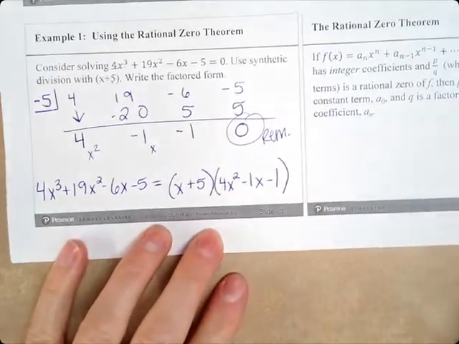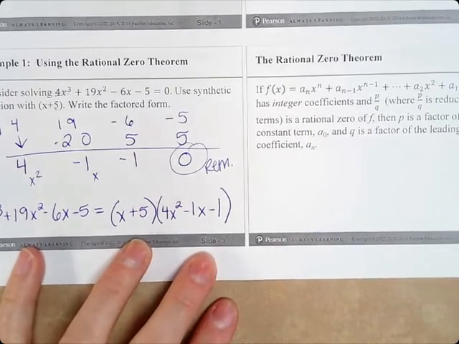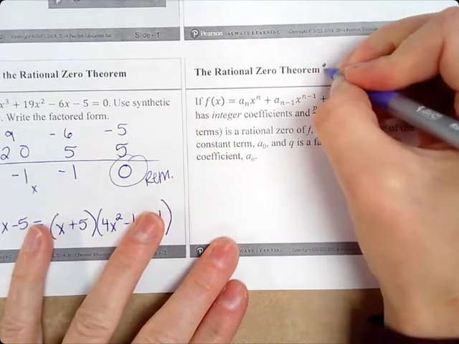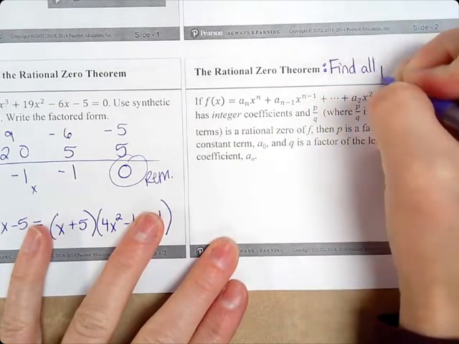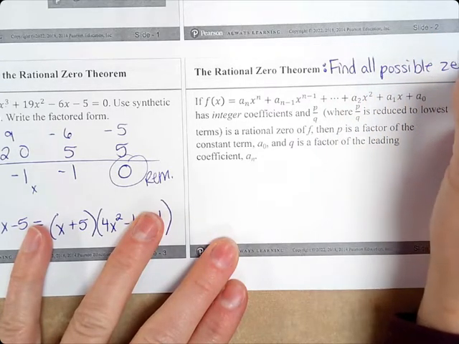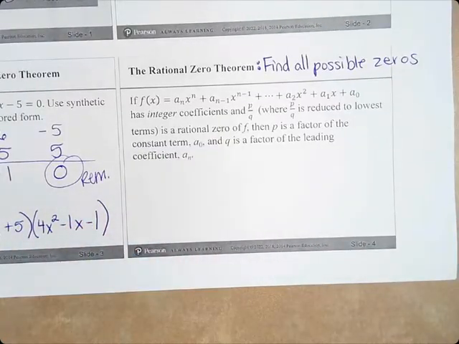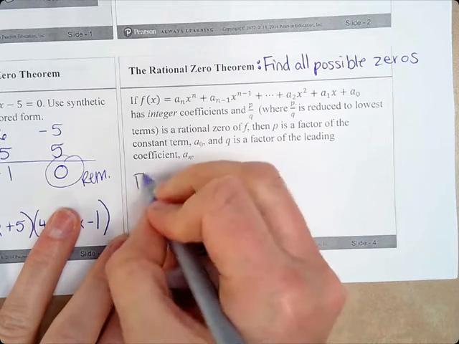Let's look at the rational zero theorem. In a polynomial, we can find all possible zeros. The way that you find all your possible zeros is you use the fraction p over q.